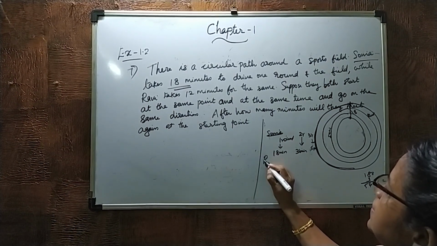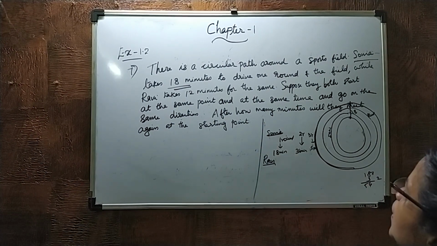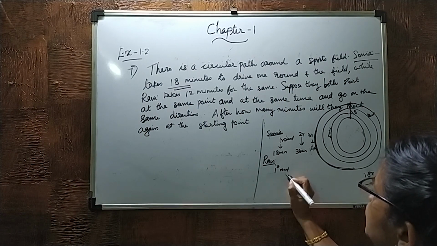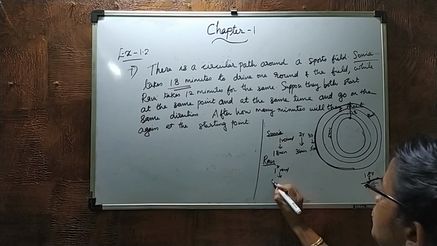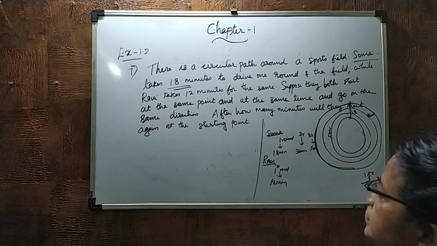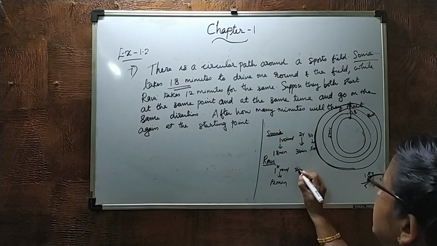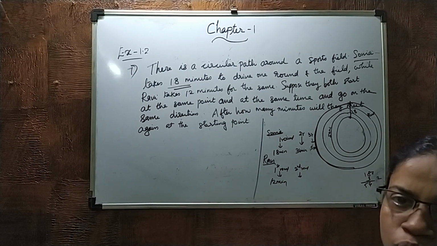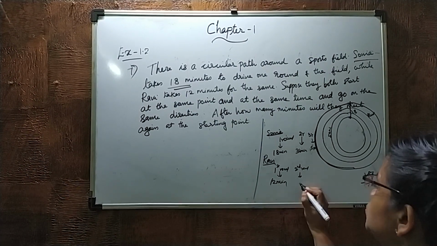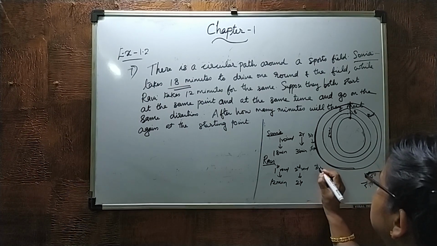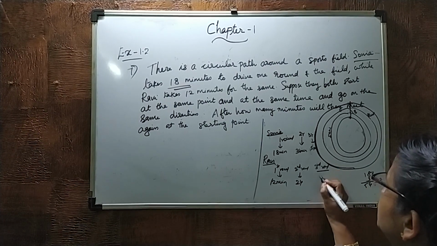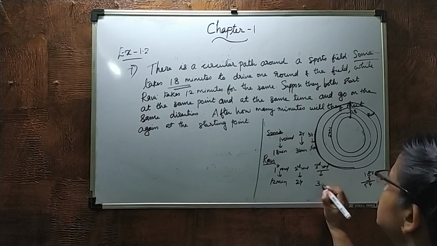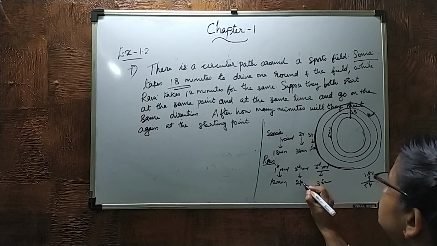What about Ravi's? The first round he finished in 12 minutes. What about the second round? 12 into 2, 2 rounds, it is 24. What about the third round? 12 into 3, it is 36 minutes he will take.